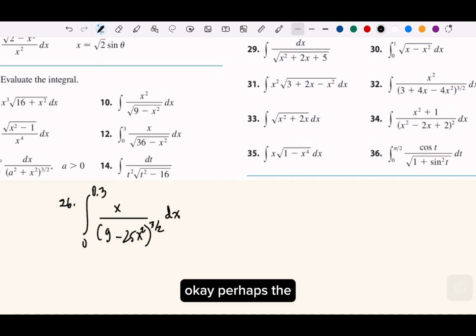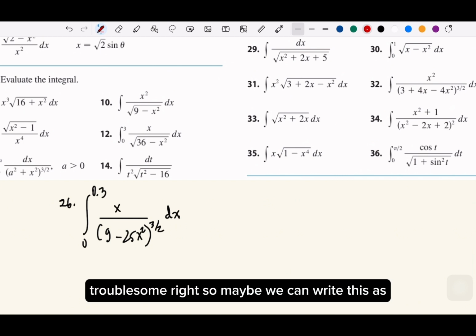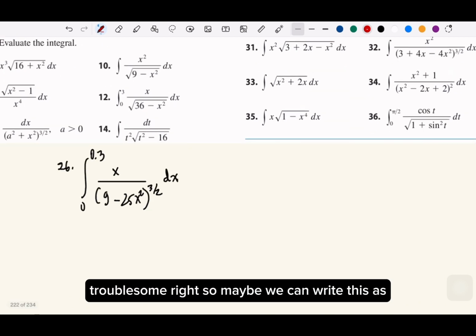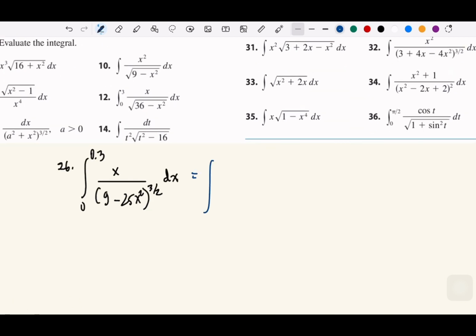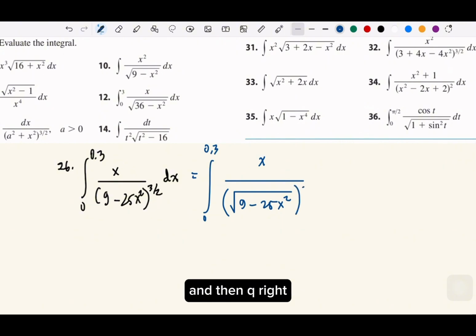Okay, perhaps the power of 3 over 2 is a little bit troublesome, right? So maybe we can write this as square root and then cube, right?